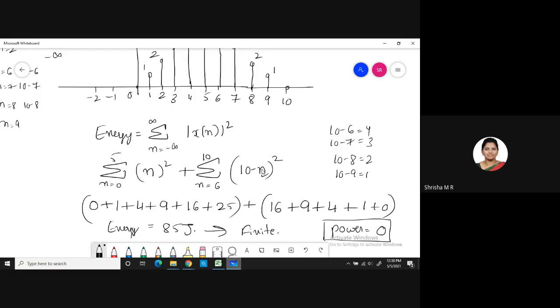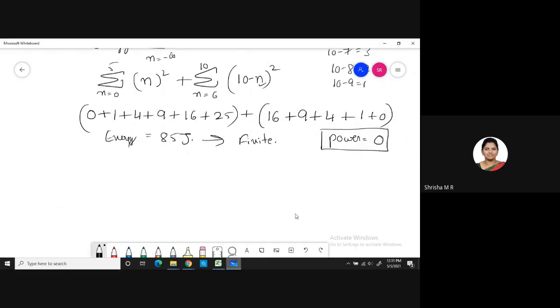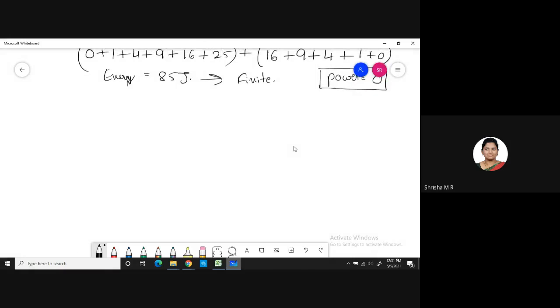So we'll start with unit 2 today. If you have any doubts, you can ask me in unit 1. So I'll just brief up whatever we have discussed. So we have seen classification of signals.